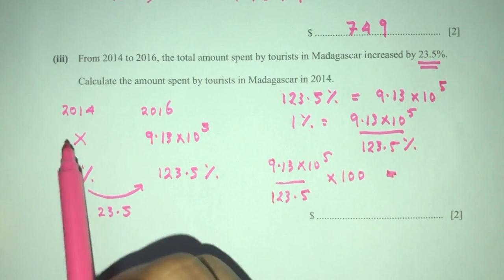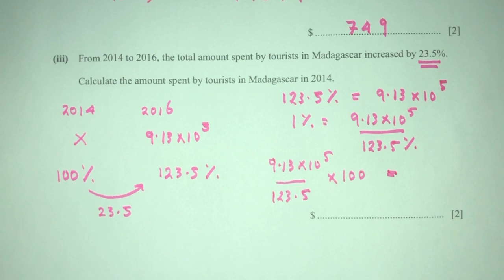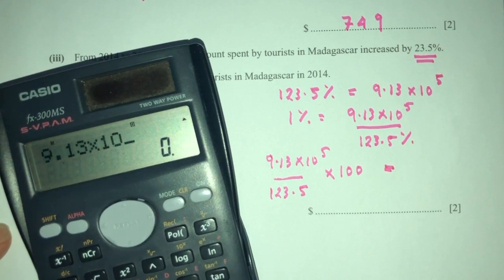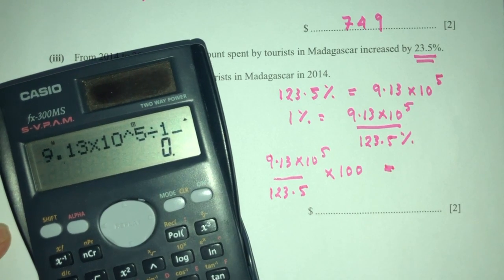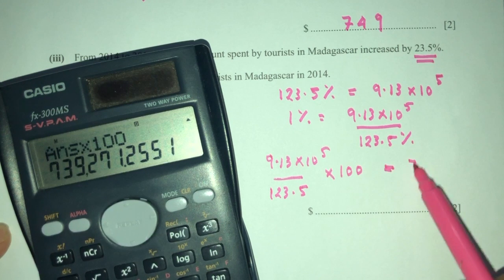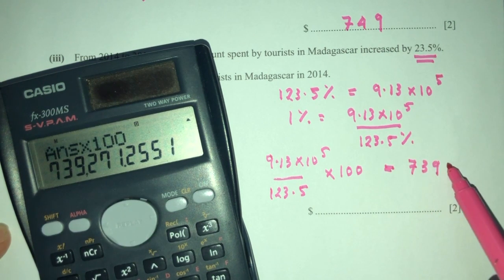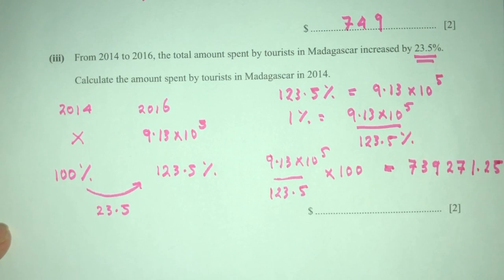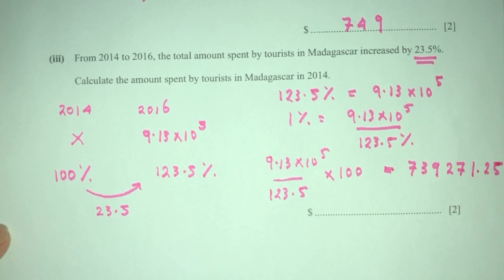And that should give you the amount right here, because that's what we are trying to find. So that should give you 739,271.25 as your answer.